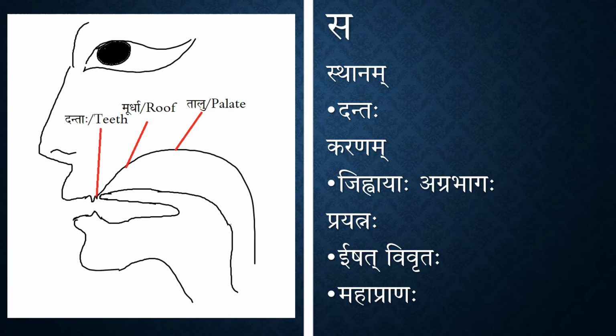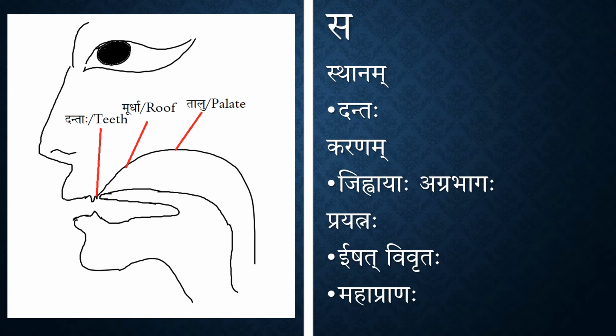The next one is sa. The sthanam, the place of origin, is danta, just behind the tooth. Karanam, the part of the tongue, is jihvagrabhaga, the tip of the tongue, which will be used near the back side of the front teeth. The prayatna, the effort involved, is similar to the last, that is sh, and the sa.